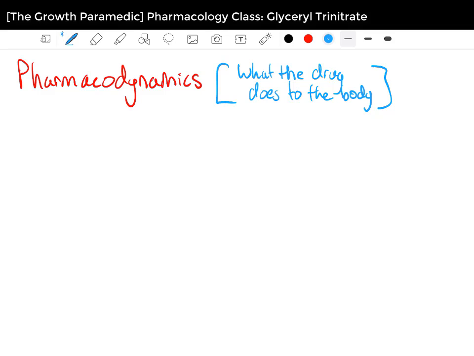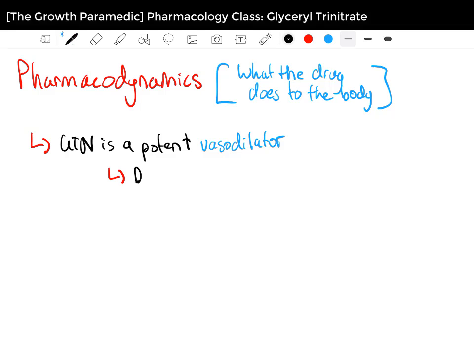So with the pharmacodynamics, as I just mentioned there in the definition, GTN is a potent vasodilator. And the reason why that's important is because it decreases preload in the heart.